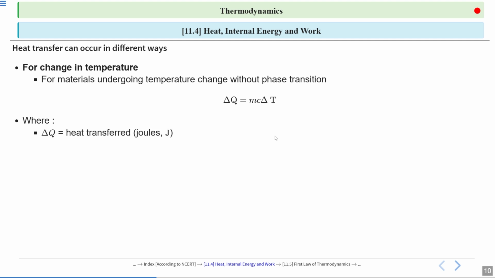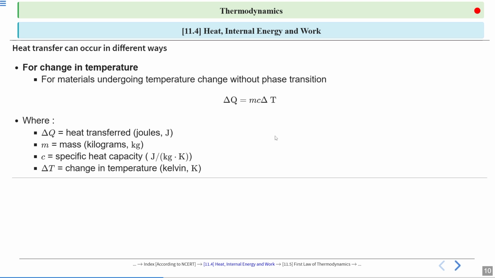Where delta Q is the heat transferred, measured in joules, and symbol is capital J. M is the mass measured in kilogram, symbol is small kg. Small c, specific heat capacity, unit is joule per kg per Kelvin. Delta T, change in temperature, symbol is capital K.